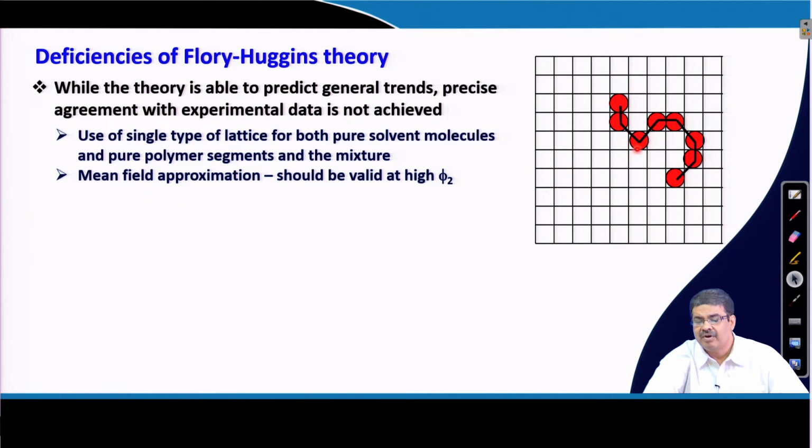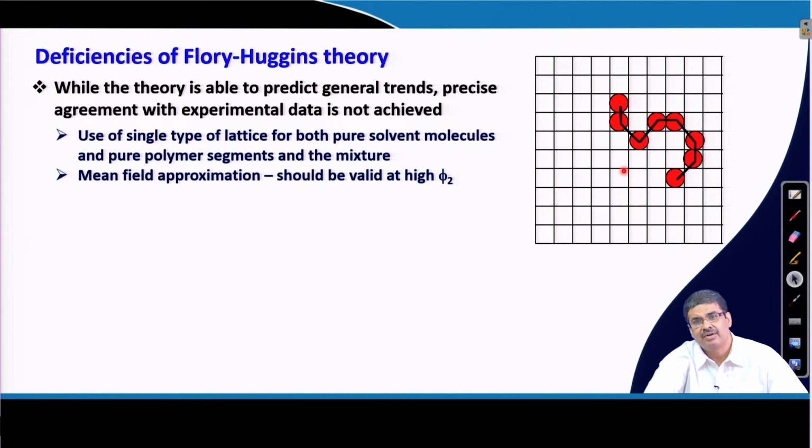Another assumption was made that when we introduce one fragment of polymer in this 3D lattice, all other polymer chains which were already present in the 3D lattice are distributed uniformly. That is not true, especially in dilute solutions, because polymer segments are indeed connected to each other.